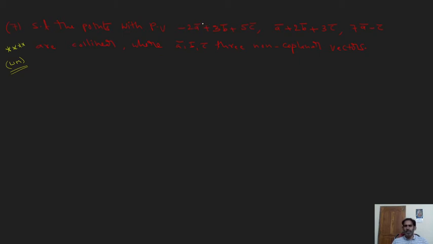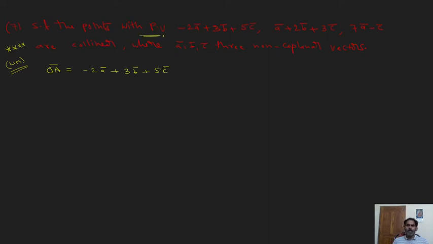Position vectors given means take O as the origin, and the given points A, B, C. The position vectors of A, B, C are denoted by OA bar, OB bar, OC bar. Why are you writing OA bar?